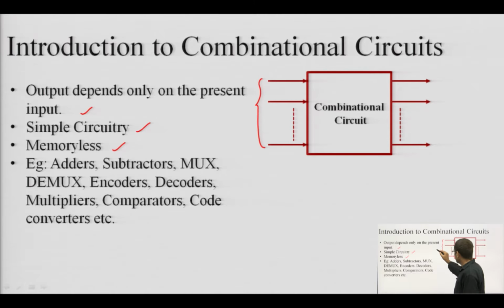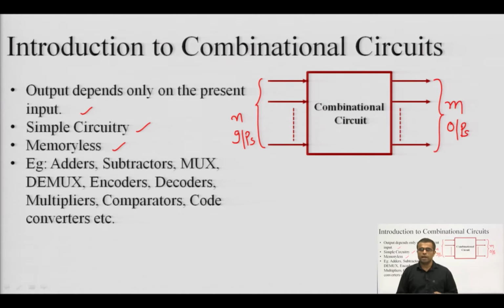We can see that there can be n number of inputs in that combinational circuit, and these n inputs will be deciding the outputs of this combinational circuit. There can be m outputs as well. These n may be equal to m, n may be greater than m, or m may be greater than n. So, all possibilities are there. These are the different examples of our combinational circuits.